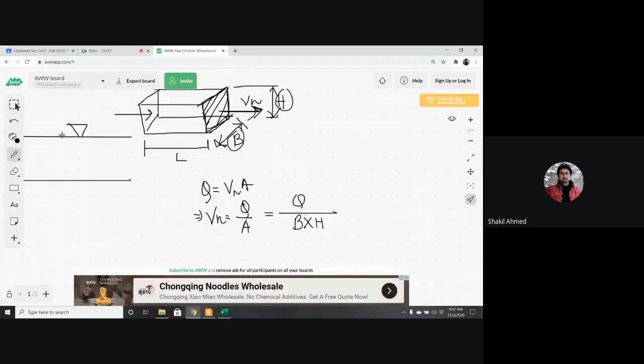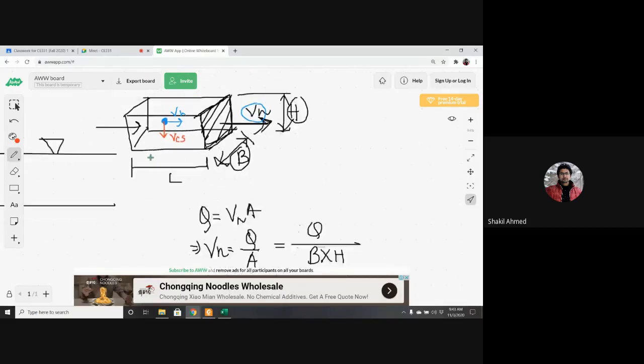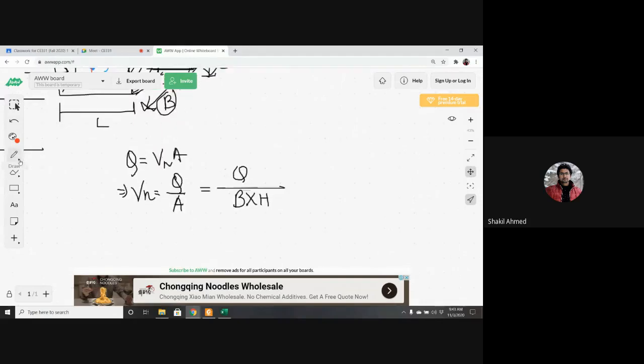That's the horizontal one. What about the vertical one, the settling velocity? This is the particle, and this was the Vh. Now the settling velocity Vs is the critical settling velocity. V equals S by T, right?